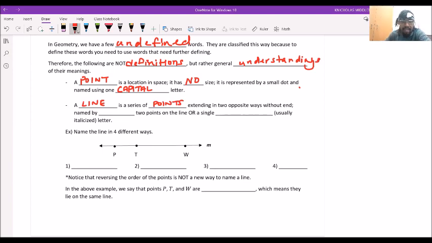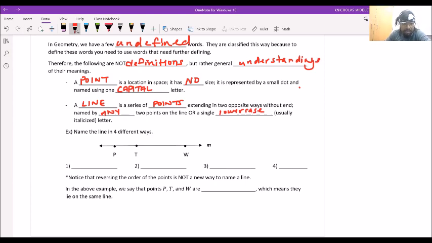It's named by any two points that are on the line, or a single lowercase letter. And it's usually italicized.